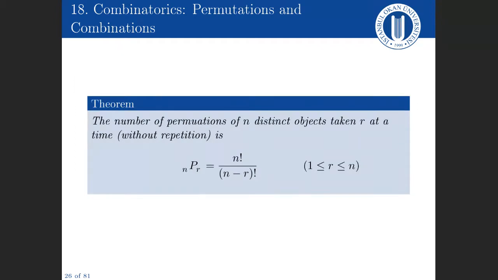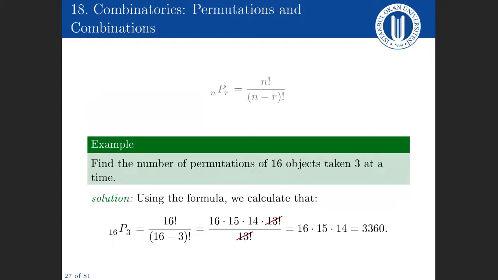Here's the formula. nPr is equal to n factorial divided by (n minus r) factorial. I've put this formula at the top. We're going to use this in this example. Find the number of permutations of 16 objects taken 3 at a time.